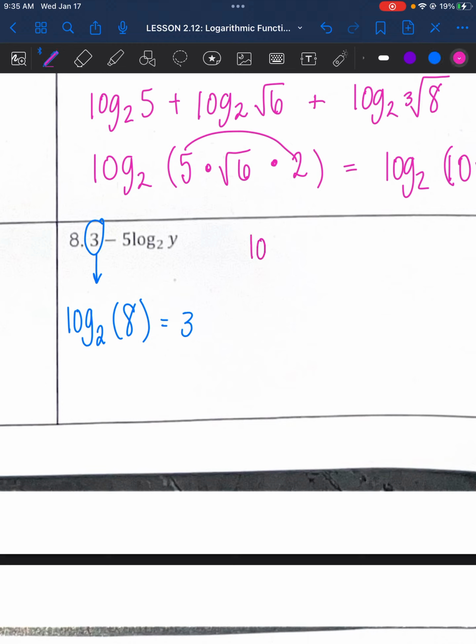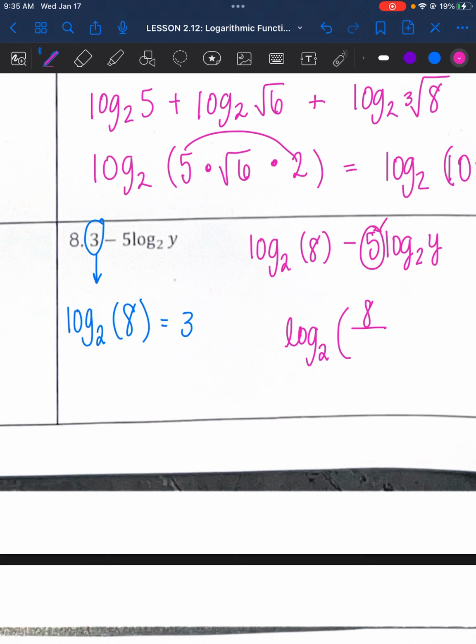Log base 2 of 8 minus 5 log base 2 of y. And now I can get it to where my final answer is one single log. So it'll be log base 2 of 8 over, remember that 5 can become your exponent, y to the 5th.